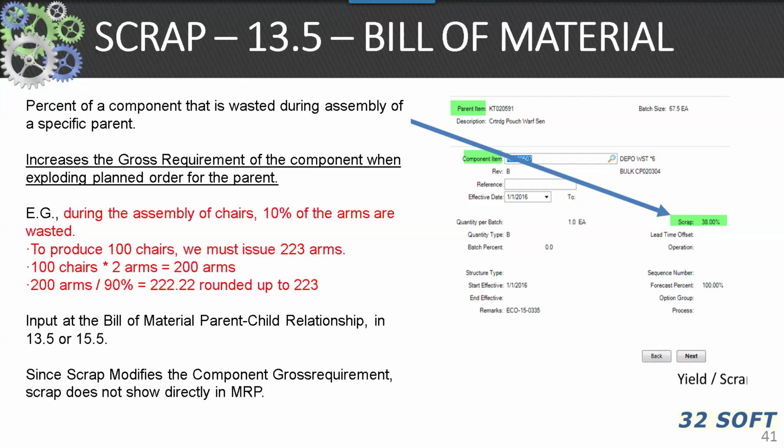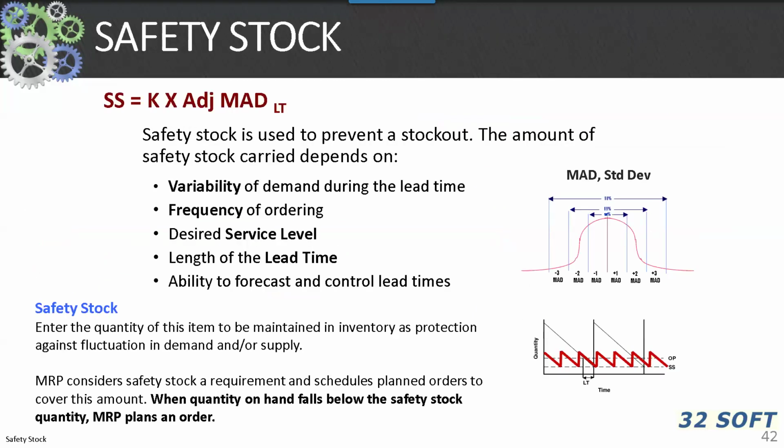This is defined at the parent component child relationship in 13.5 product structure or 15.5. Since scrap modifies the gross requirement, scrap does not show directly in MRP. It's not visible in 2317.